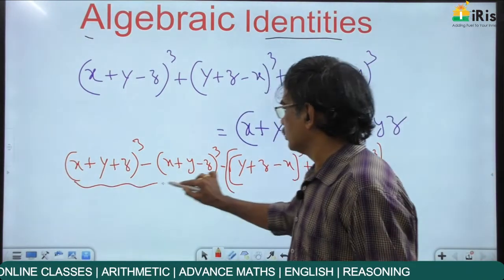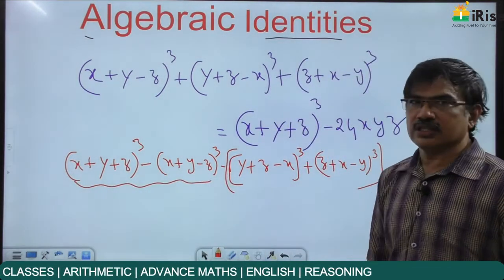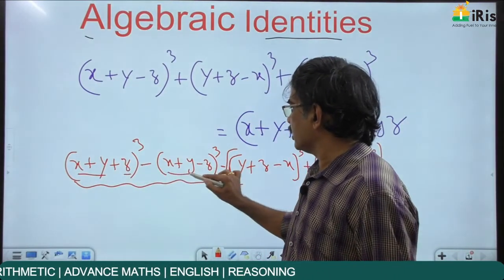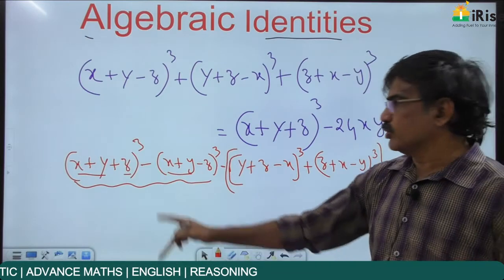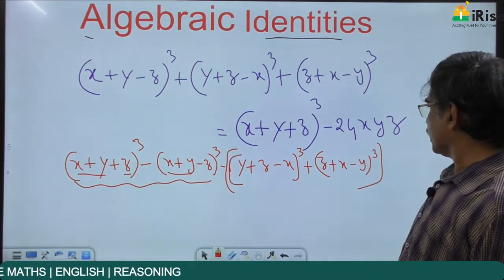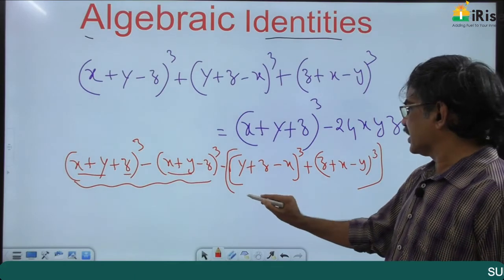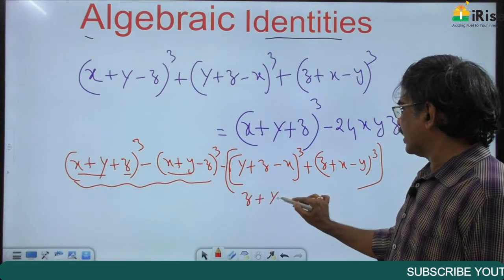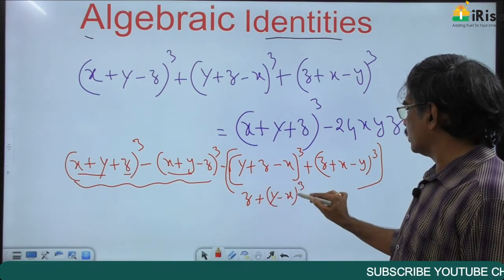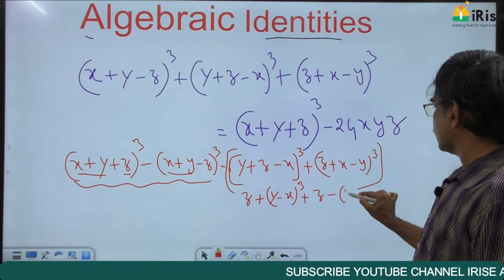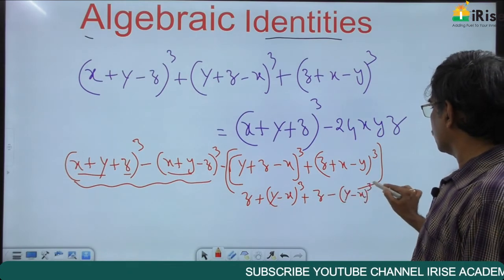Find this value using the formula (a plus b) whole cube minus (a minus b) whole cube. Similarly, (z plus y minus x) whole cube plus (z minus y minus x) whole cube.